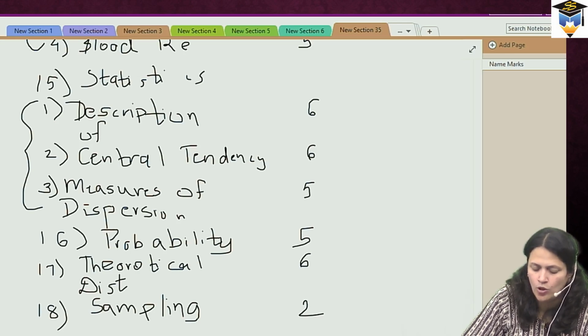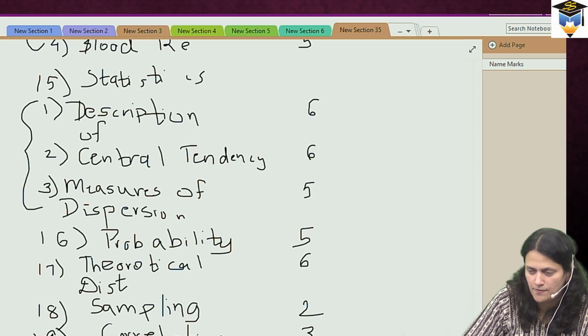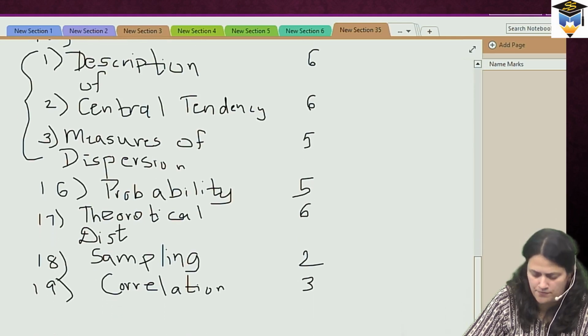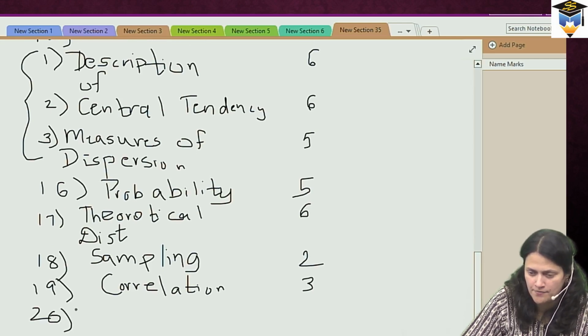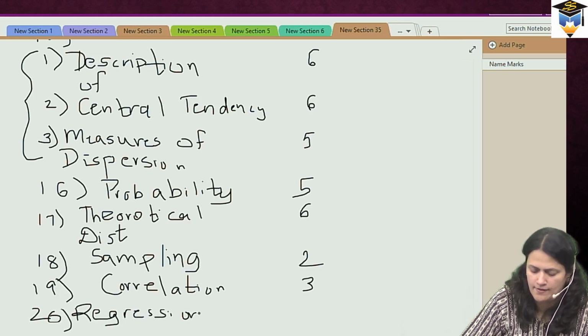Then correlation. Correlation is asked for 3 marks. Regression analysis, roughly 3 marks.